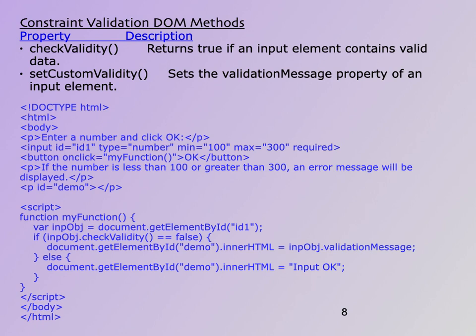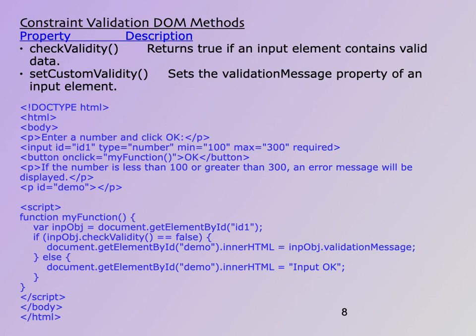Using this checkValidity method, a condition is checked. If that particular value is equal to false, in that case, inpObj gets a validation message. The error message will be the validation message over here.